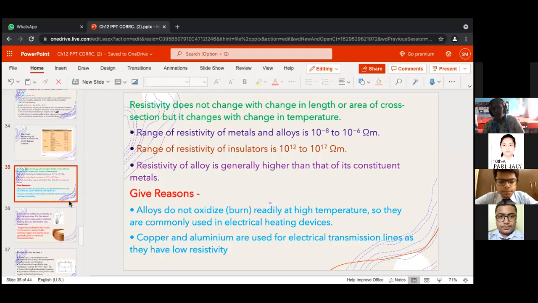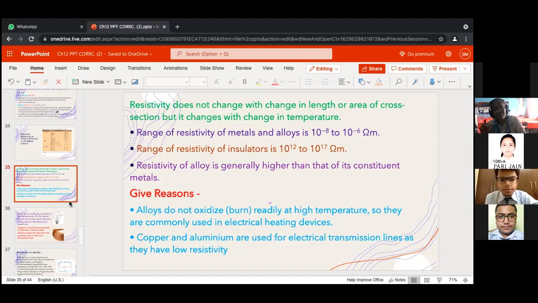Now there are certain properties of resistivity: resistivity does not change with change in length or area of cross section, but it changes with change in temperature. Why does resistivity not change with length or area of cross section? Think, what is the formula? In the definition, length is kept fixed, that is 1 meter, and area is also fixed, 1 meter square.